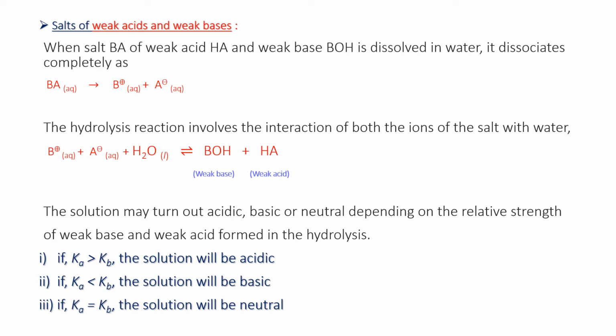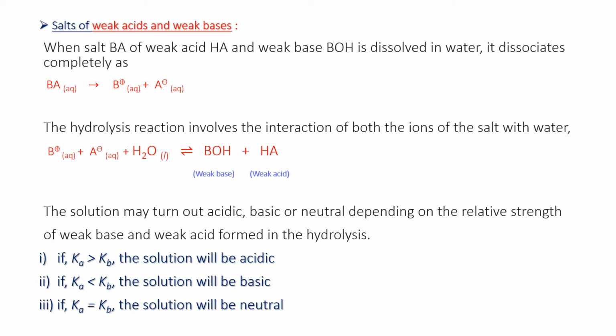Out of these two compounds, whichever has the greater dissociation constant will decide your solution nature. Means if the dissociation constant of acid is more, then your solution will be acidic. If the dissociation constant of base is more, then your solution will be basic. And if the dissociation constants of both acid and base are equal, then the solution will be neutral. So we have to see one by one.